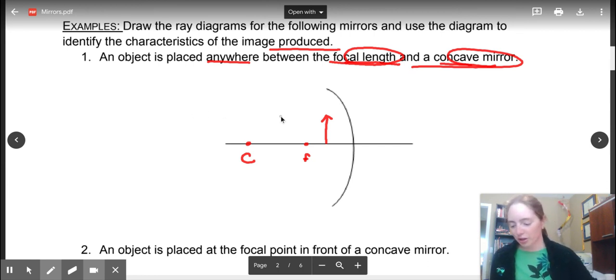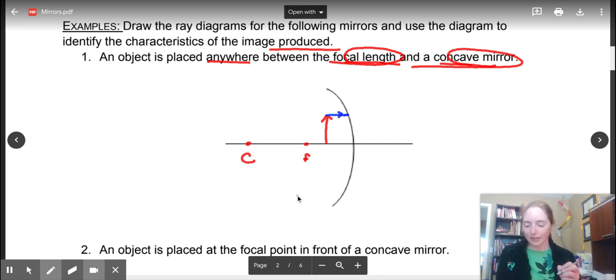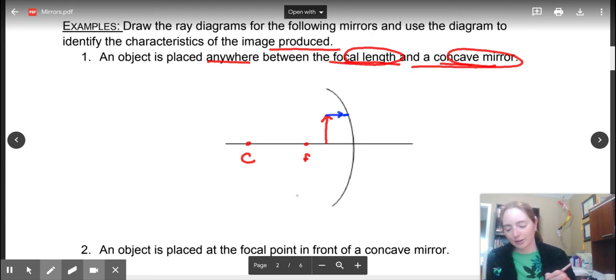So the first one I'm going to do, let's do the parallel one. I'm going to draw a ray of light going parallel to this axis here, the principal axis. So there's that ray of light, ladies and gentlemen, and it's going to go that way.